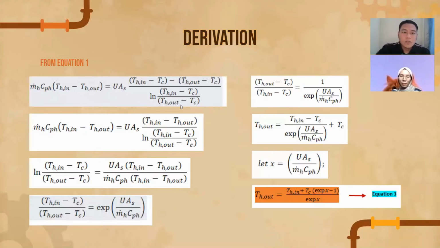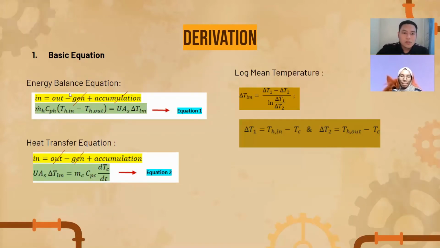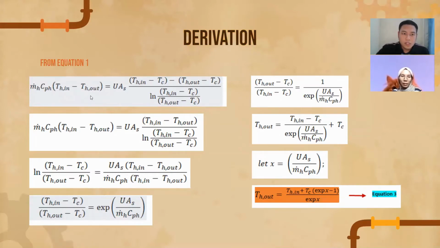Okay, next from equation 1, we see that m dot h CPH times TH in minus TH out replaces the delta T log mean, and we solve it as usual. Then we get TH in minus TC over TH out minus TC equals exponent UAS over m dot h CPH.